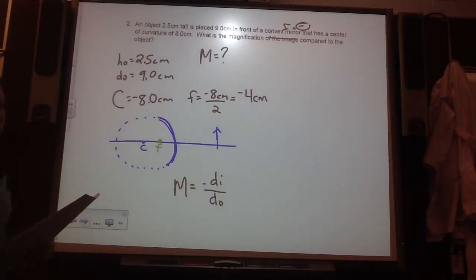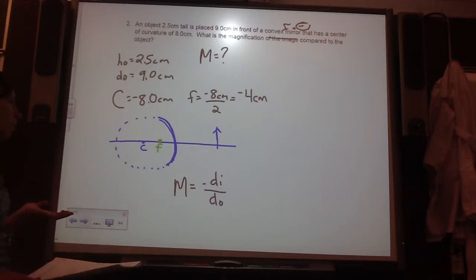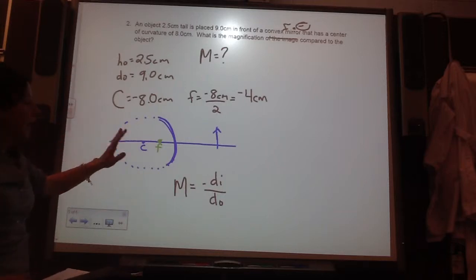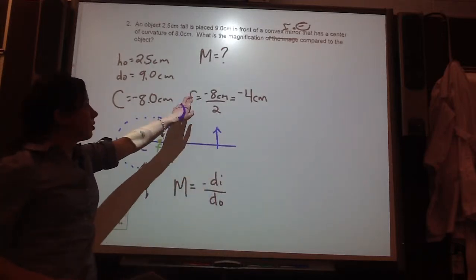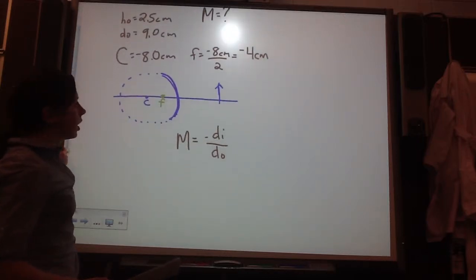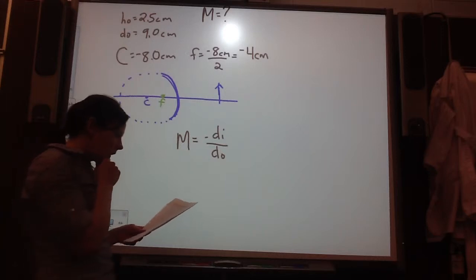The reason I have to use that one is because you might wonder, why can't I use big M is equal to HO and HI? Well, we're not given anything about our image, and I can find DI using information about my F. So this is the formula that I'm going to have to use to get my answer.